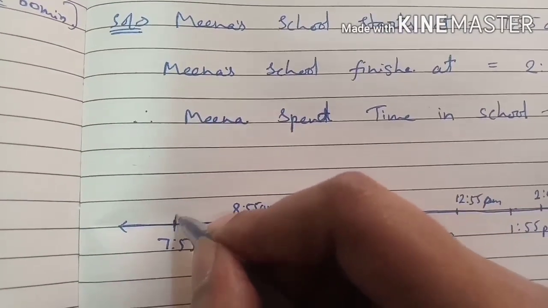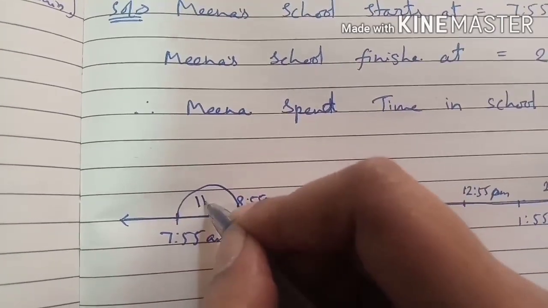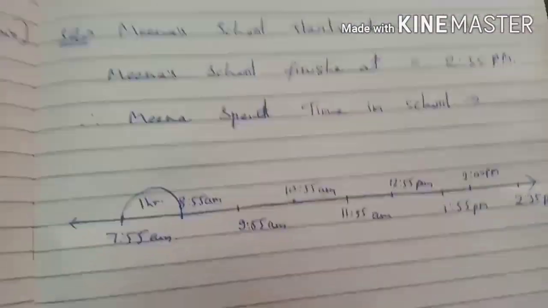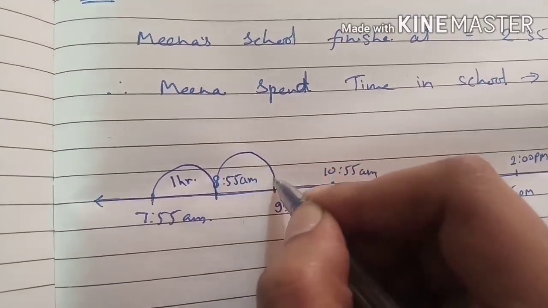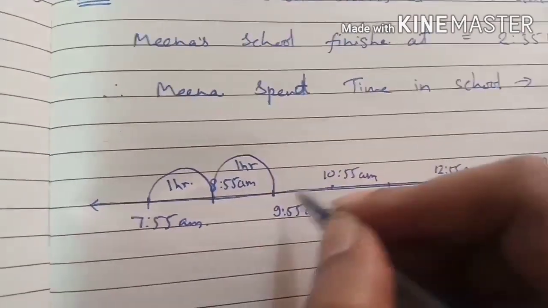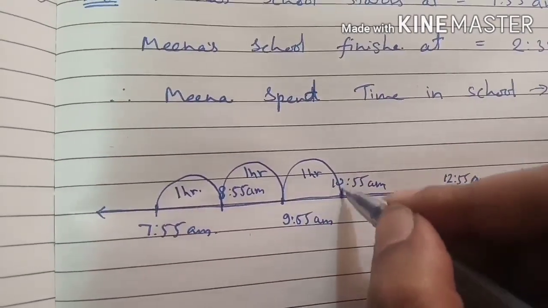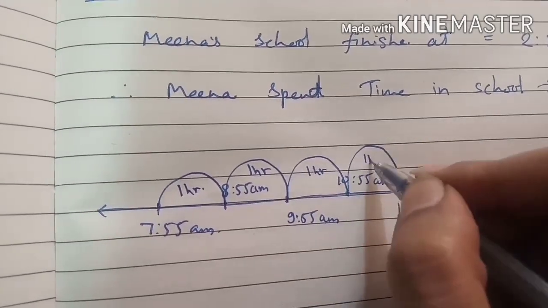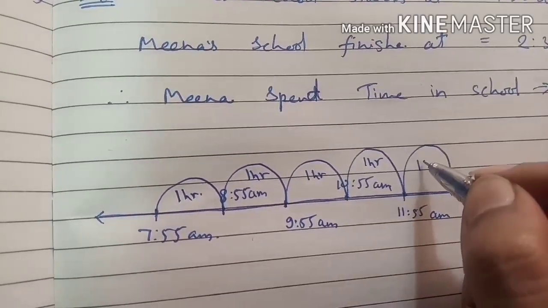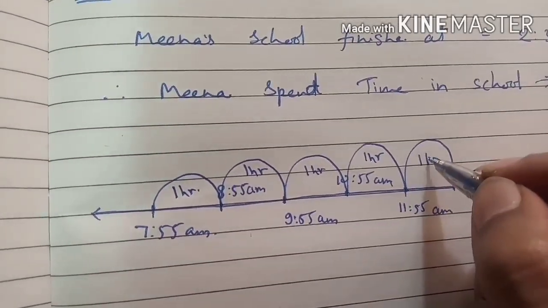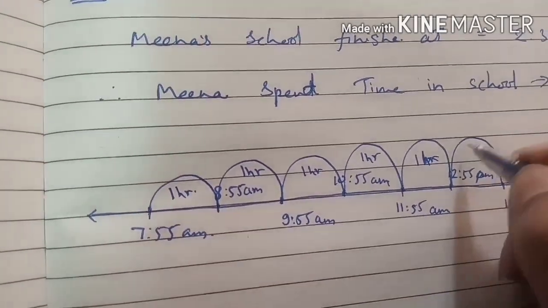From 7:55 to 8:55, Mina spent 1 hour in school. From 8:55 to 9:55, again 1 hour. From 9:55 to 10:55, again 1 hour. From 10:55 to 11:55, again 1 hour. From 11:55 to 12:55, again 1 hour. From 12:55 to 1:55, again 1 hour.